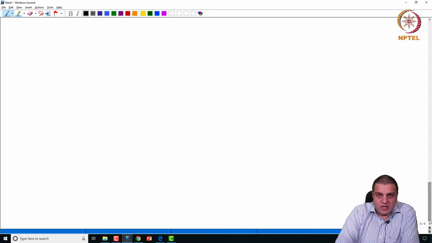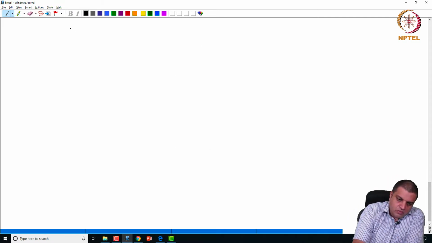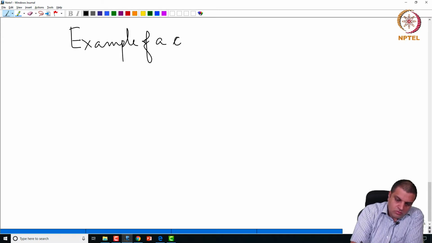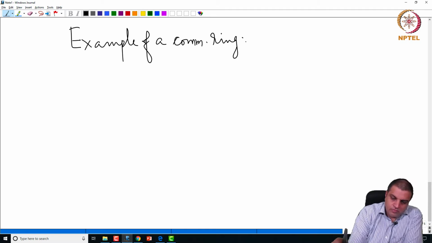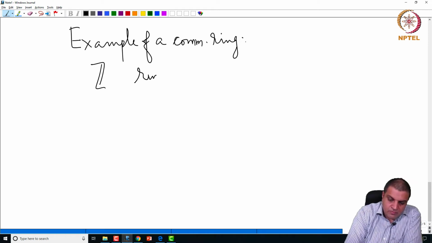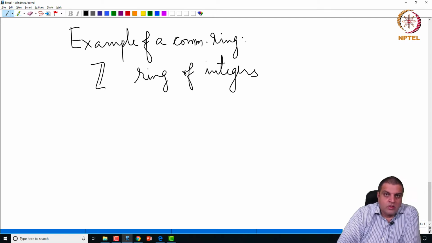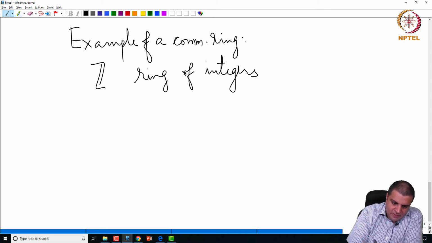So what's an example of a commutative ring? The most basic example is Z, the ring of integers. What does that mean? It has two binary operations.